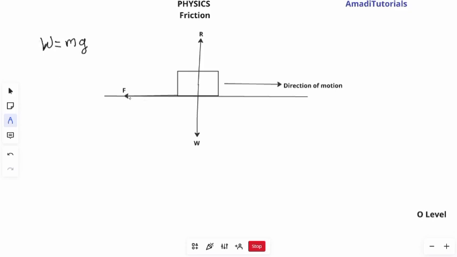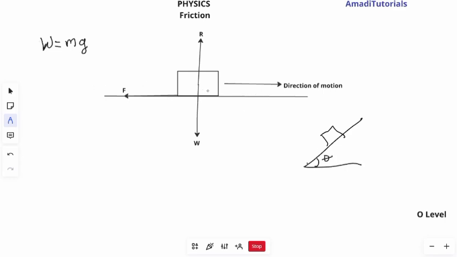Now, since we are talking about a horizontal plane, that means this plane is not at an incline. Maybe when I mean incline, something like this, and the block is resting on an incline at a certain angle theta. So we are talking about a horizontal plane this time, not an inclined one.